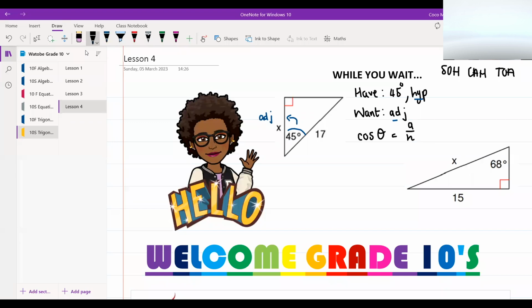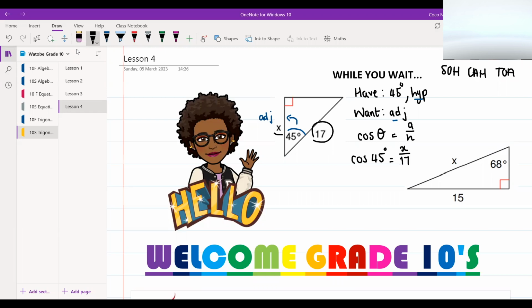Right, and then I can go cos of, do I have my angle theta? Yes, I do. My angle theta is 45 degrees, is equal to my adjacent side, which is x. I almost said A, it's x. Okay, x over my hypotenuse, which is 17.